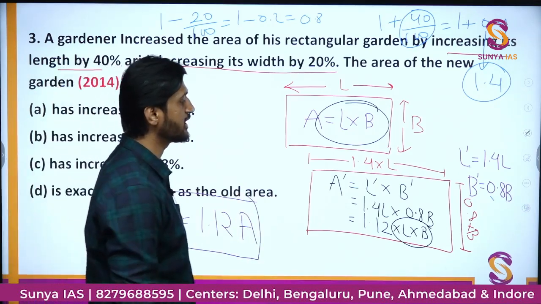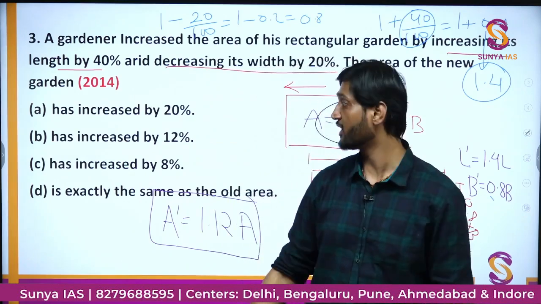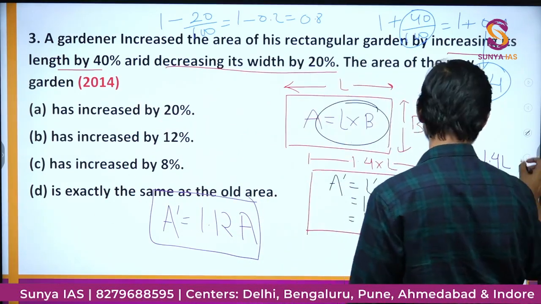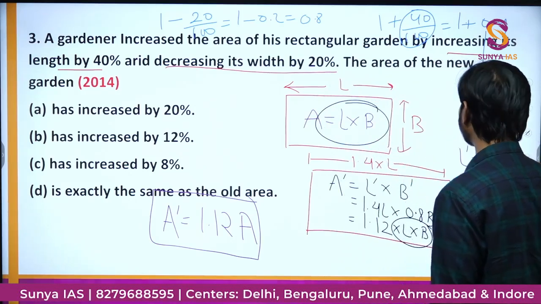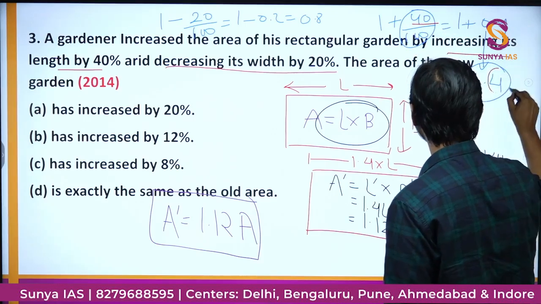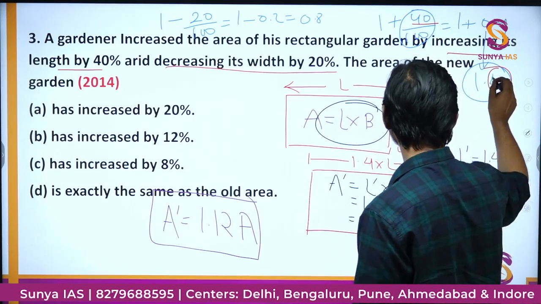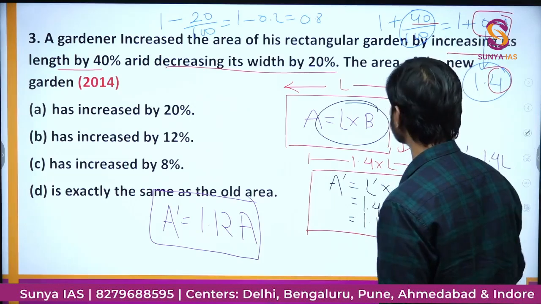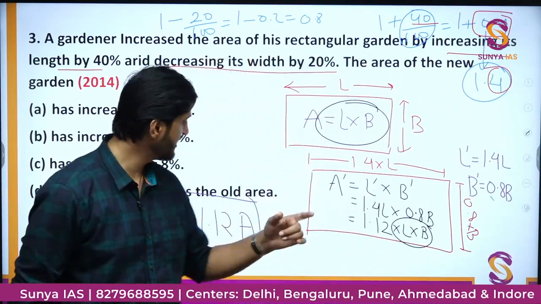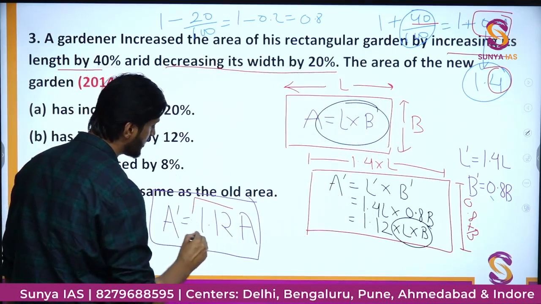Now reading this particular small equation, can you figure out which option is the correct option? Now it is very easy. Just understand, when there was an increase of 40%, that thing became 1.4. So what is this 0.4 representing? It is representing actually a 40% increase. Similarly, if we look at this part, it is saying 1.12.